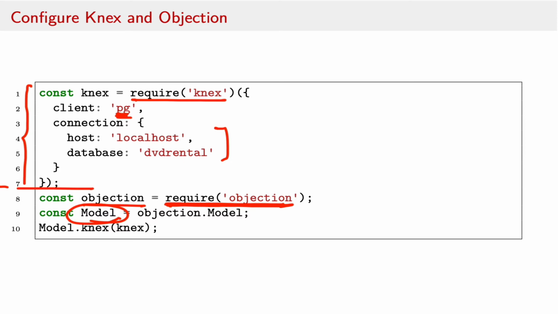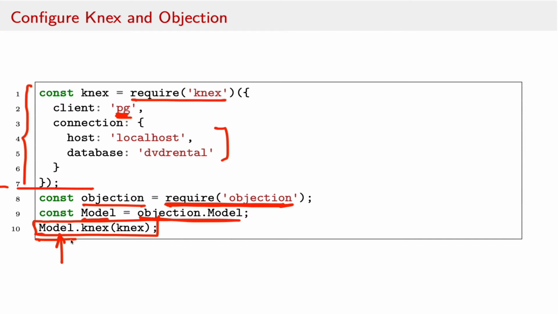But just for simplicity, instead of having to always say objection.model, I'm defining another constant that basically just is an alias for this objection.model class that's coming in from objection. And we're going to use that model repeatedly as we design object relational models to use with Knex and objection. Now the final statement here is what actually ties together objection and Knex. So model is the main class that we're going to use from objection to be able to create this ORM layer. We have to be able to tell that model class itself how we want it to connect to our database.